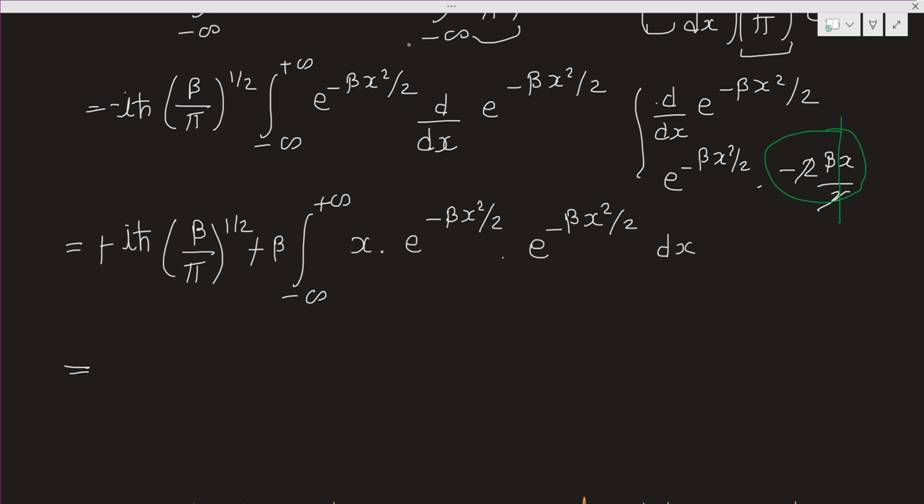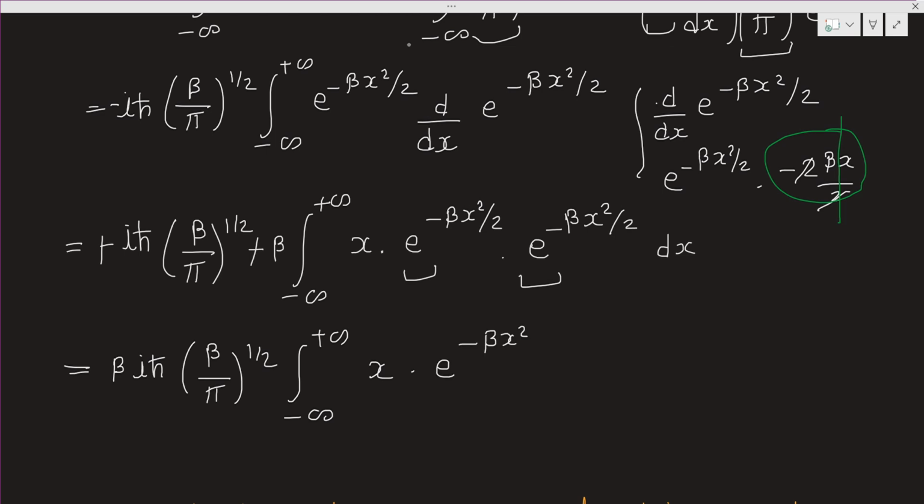So you are getting iħβ (β/π)^(1/2) integral from minus infinity to plus infinity of x, and these will add. So you are getting e^(−βx²) dx. In this manner you are getting, because here you have 2β by 2, and 2 and 2 will cancel out. So you are getting minus β by 2.